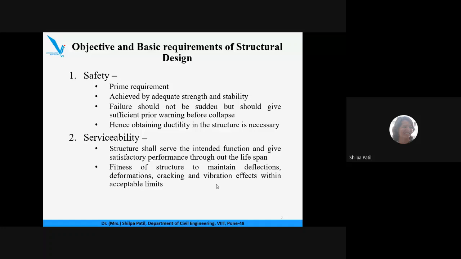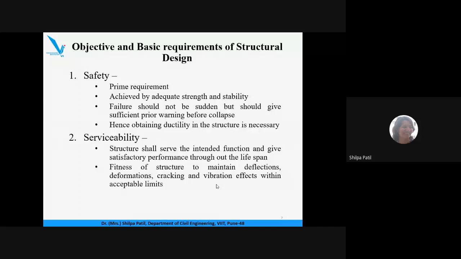When external load is applied on a structure, the beams or slabs will definitely bend. But we have to keep the bending within a certain limit. We have to design these members accordingly so that they will not show excessive deflection or deformation.